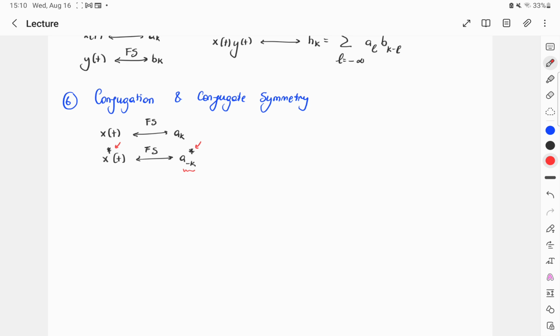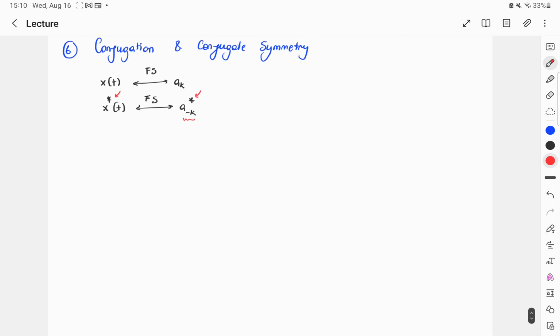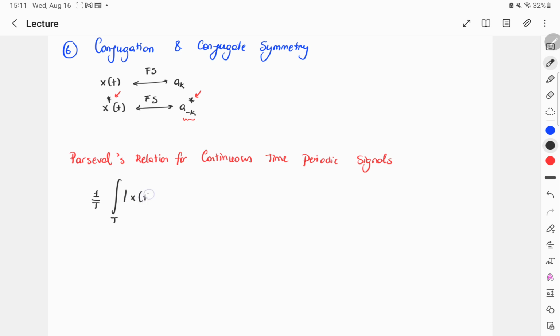Now let us move on to the next argument, which is Parseval's relation for continuous time periodic signals. Now let me write this down super fast. This property tells us that 1 over T integrated over T is equal to the sum of k goes minus infinity to infinity of the coefficients.